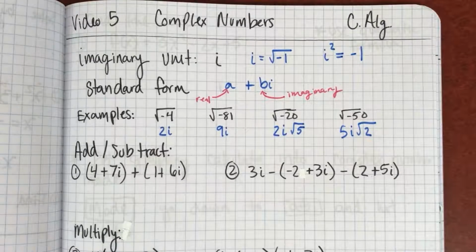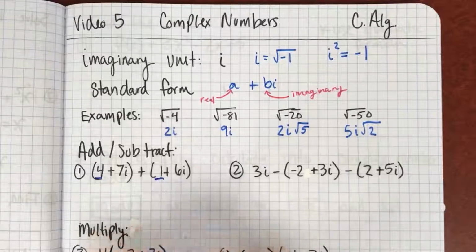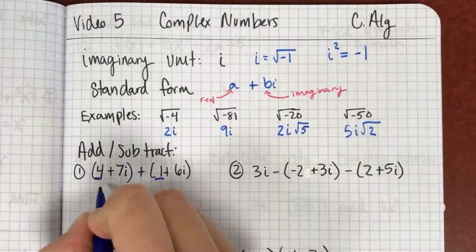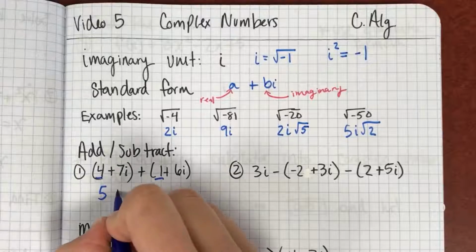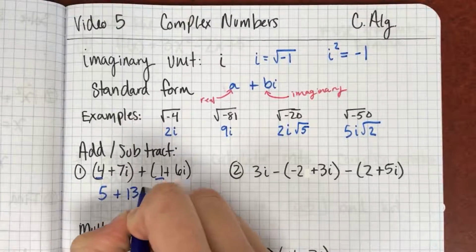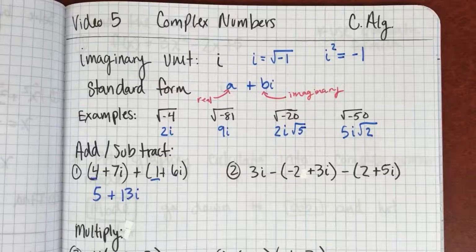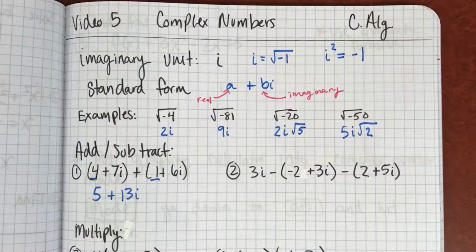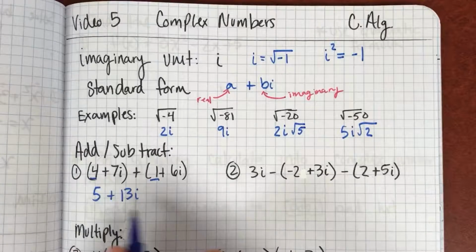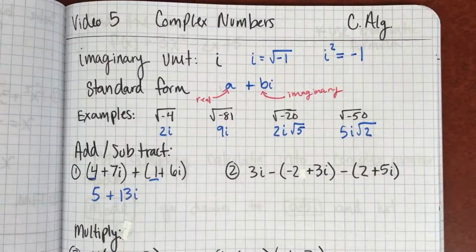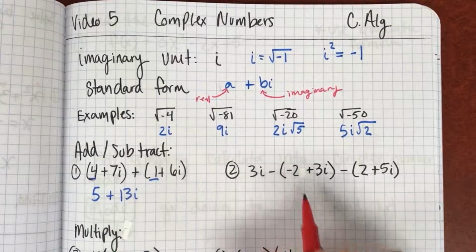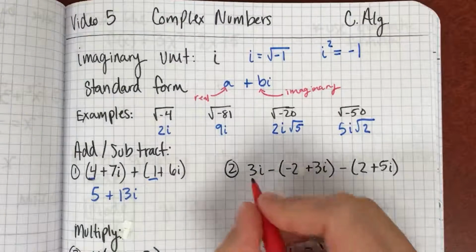All right, so for adding and subtracting, we're just going to combine like terms. We add our real parts, so 4 plus 1 would be 5, and we add our imaginary parts. So we've got 5 plus 13i. Whenever you're writing a complex number, make sure your real part goes first and then your imaginary part. With this next one, we've got these negatives, so we're going to have to distribute those negatives.